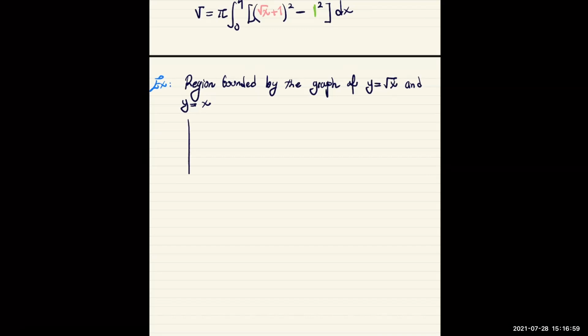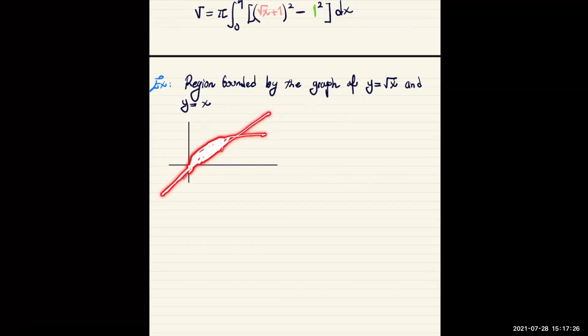So here we go. So try to, again, picture the region before you do the graph. This is the square root, and this is y equal to x. Okay, and this is it. This is the region. All right, there is no other bounded region.